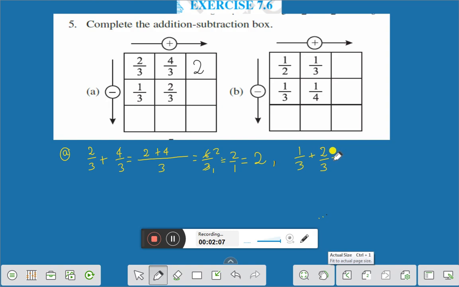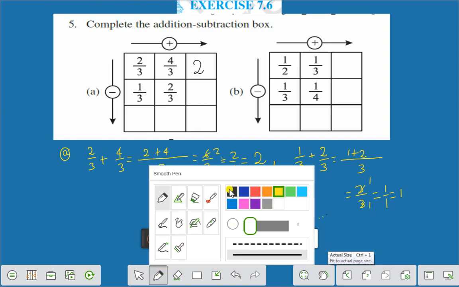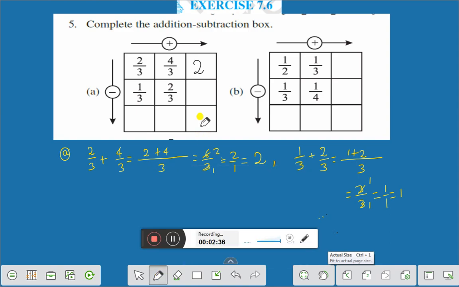The LCM is 3. 1 plus 2 is equal to 3 by 3. 3 by 3 is 1 by 1, that is equal to 1. Therefore, the value of this is 1.